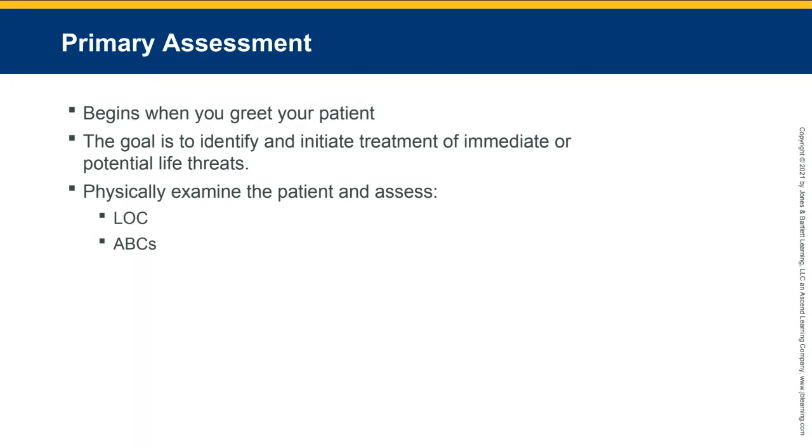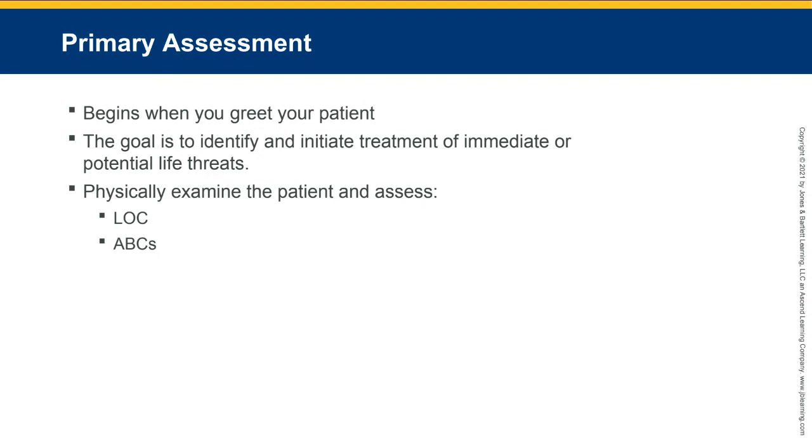And what is concerning to me is that the EMTs who decide to obtain a history in the primary assessment are not even obtaining a proper history. So they have made a decision to do a history in the primary and they're still not doing a proper history.